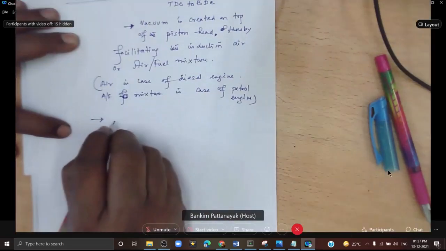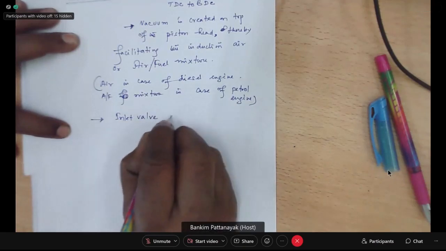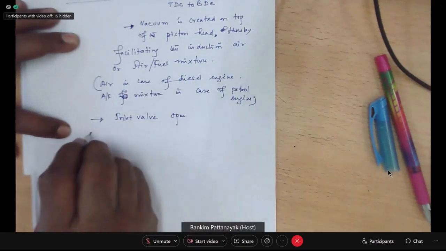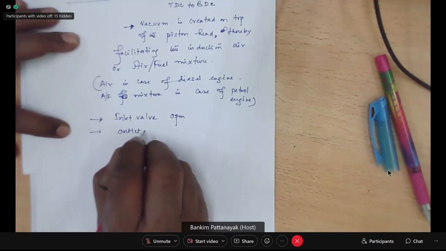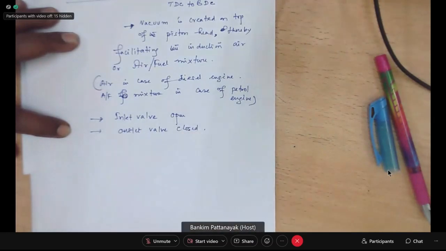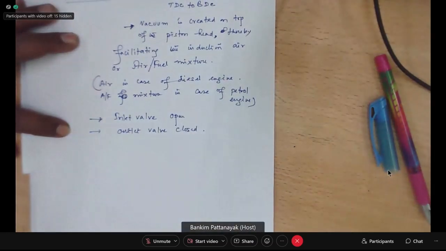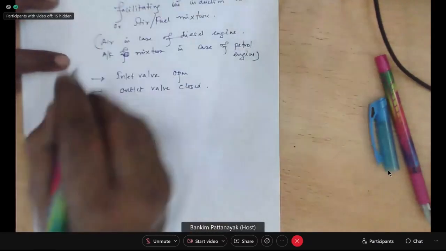And valve position, inlet valve open and outlet valve closed. So the suction stroke happens. This is the way the suction stroke happens.